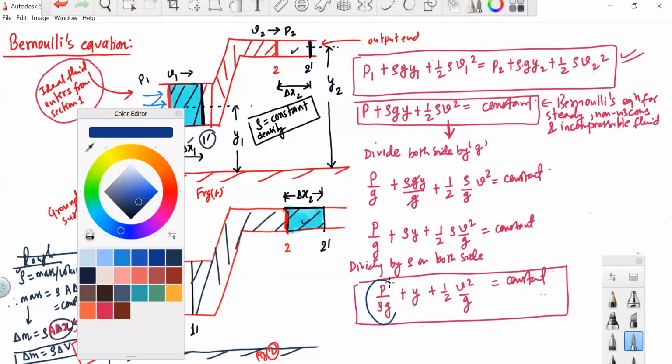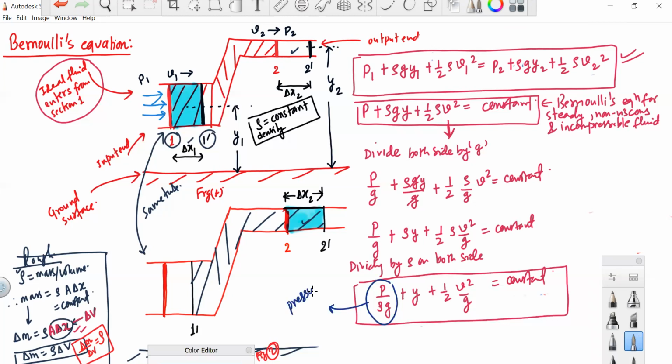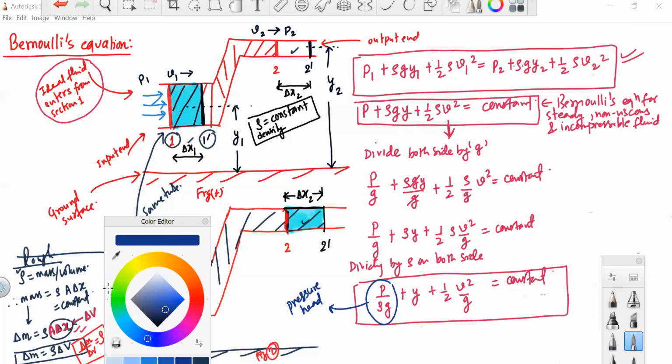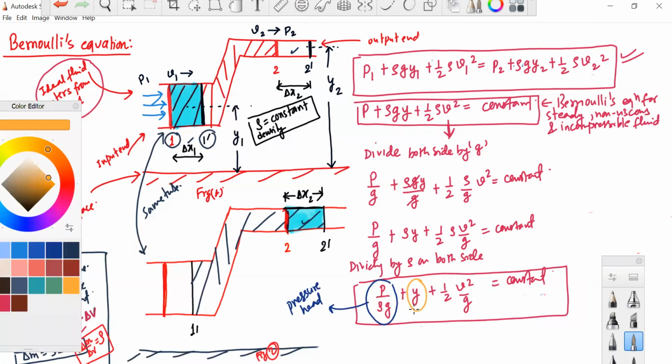This term is called pressure head, this term is called gravitational head, and this term is called velocity head.